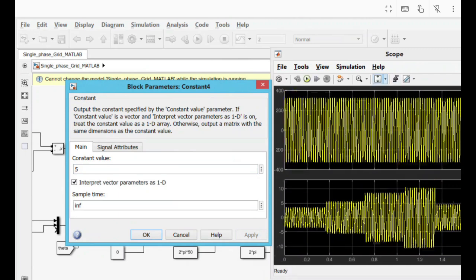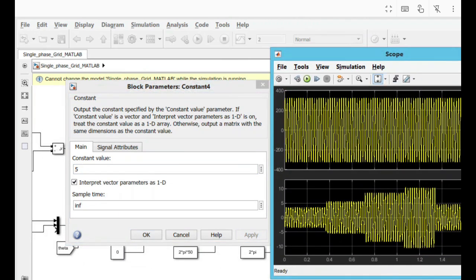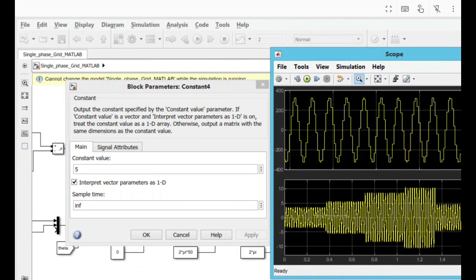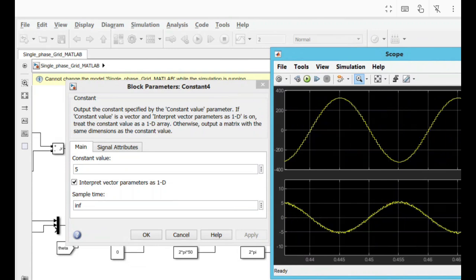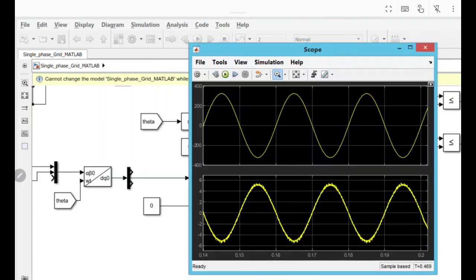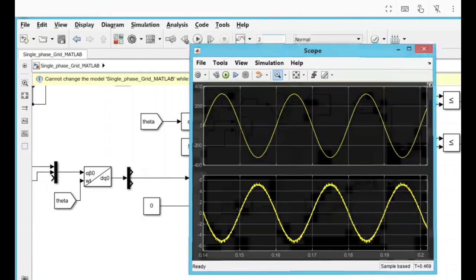So in this case, our inverter is able to track the current reference. But you can see that the voltage and the current are out of phase. We need to change something in the parallel part.